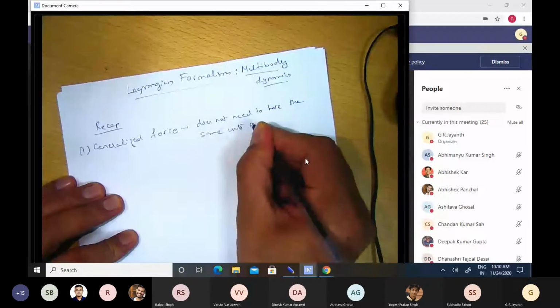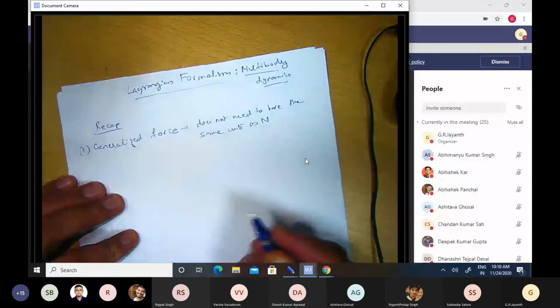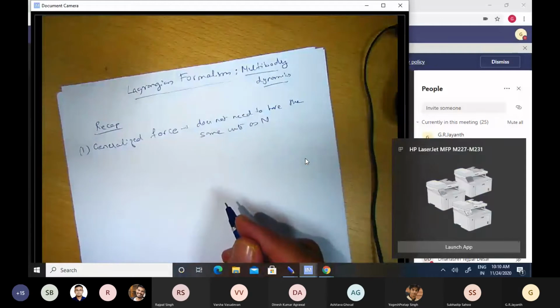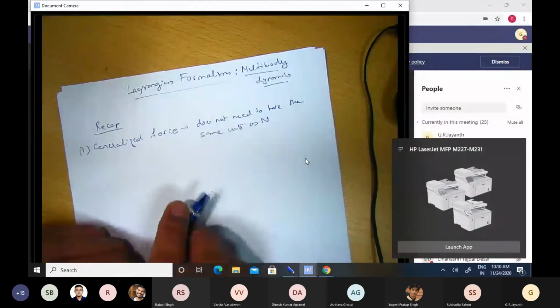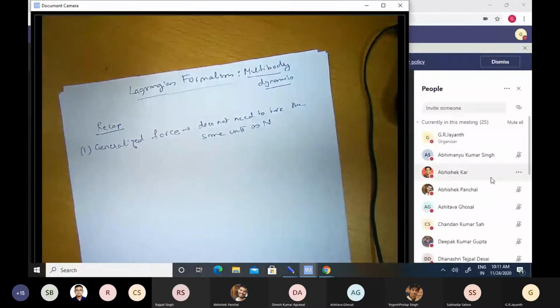as Newton. And the other point that we noticed was in the case of, for example, the 4-bar mechanism, it need not even be applied at that particular joint where we are defining this generalized coordinate.